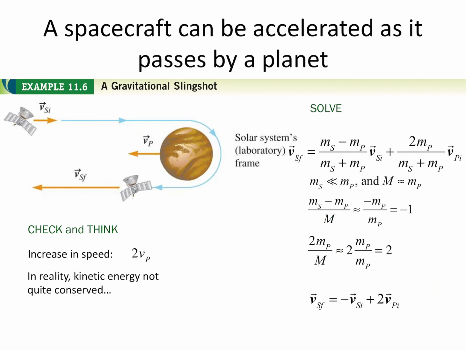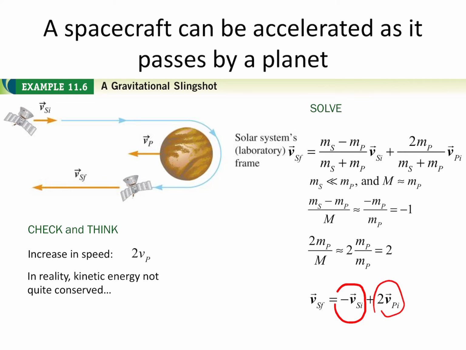See that? So the velocity of the spaceship should be 2v, the initial velocity of the planet, subtract the initial velocity of the spaceship.